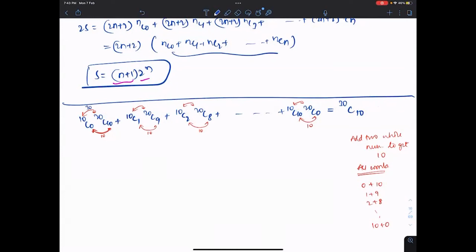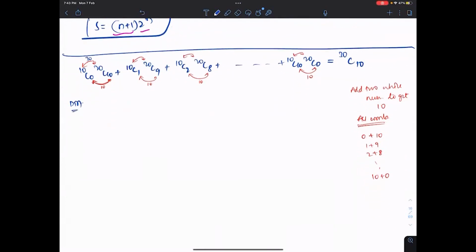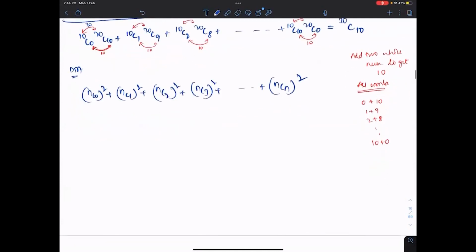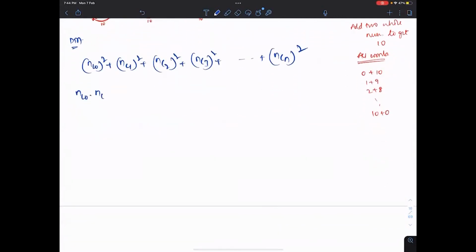Next, even if the difference is constant in multiplication, that means 10C0, like you would have seen this formula. What is that formula? NC0 square plus NC1 square plus NC2 square plus NC3 square plus so on till NCn square. If I write it like this, NC0 into NC0, NC1 into NC1, NC2 into NC2, last NCn into NCn.